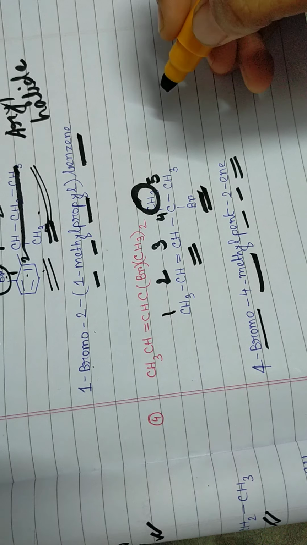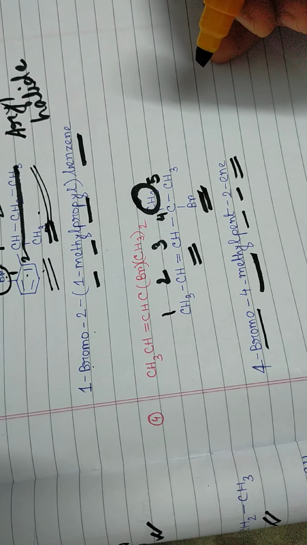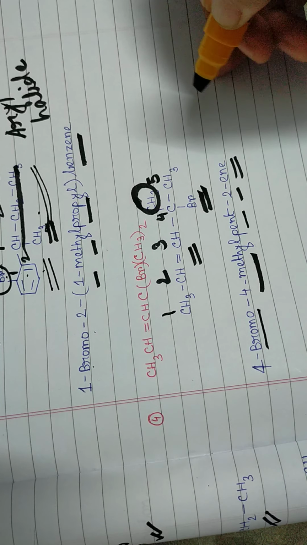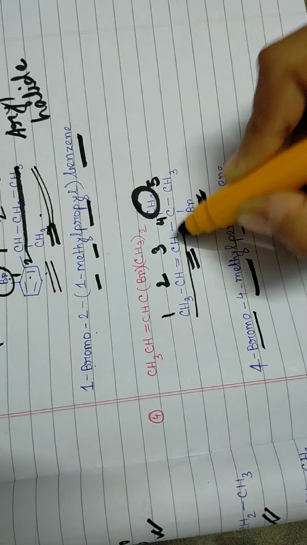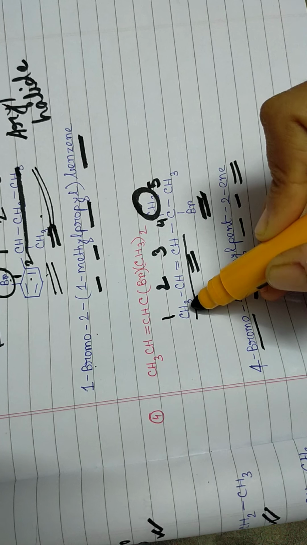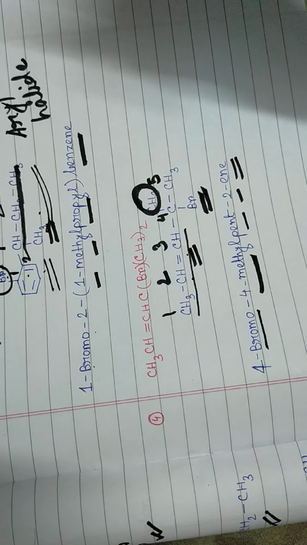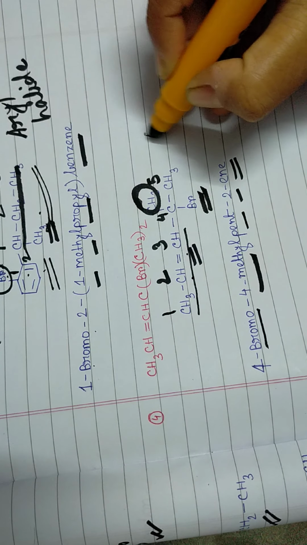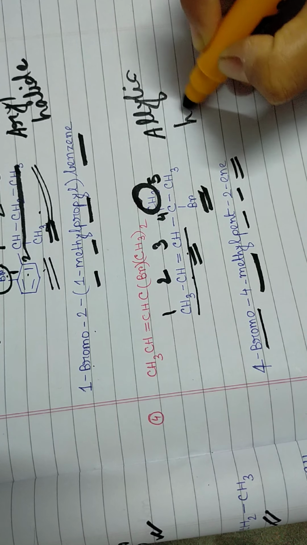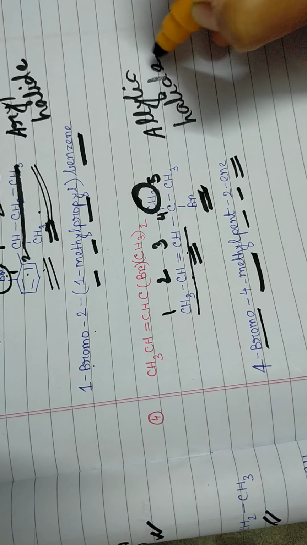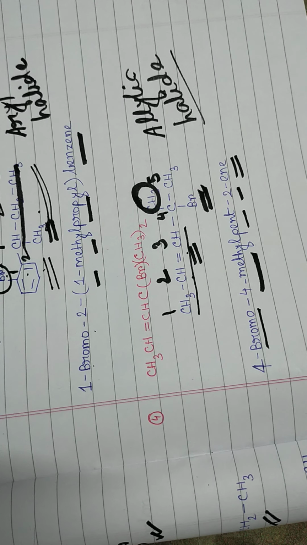Now if we want to classify this according to the classifications of haloalkanes and haloarenes, we can see that this compound contains a group like CH3CH double bond CH. So this will be an allylic halide. So these are the nomenclature, and with them the classification of different types of haloalkanes and haloarenes.